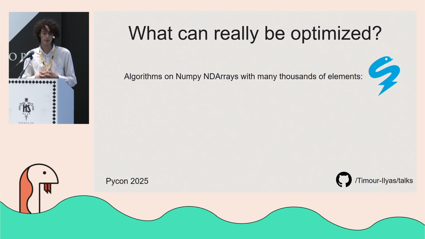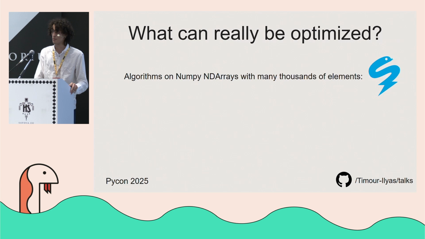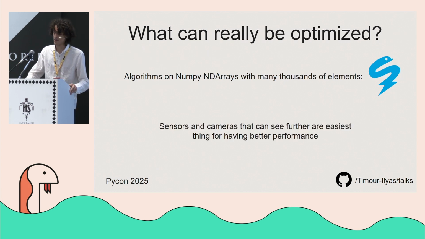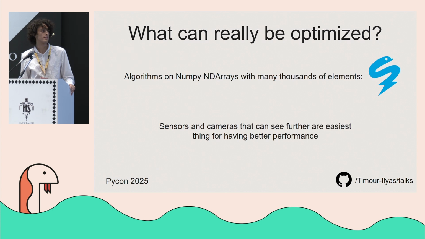One simple solution could be using NumPy, because we apply many methods on NumPy arrays. And so just-in-time compilation is useful for having better performance. But in general, the easiest way at the end is using sensors and cameras that can see farther. And this is one way of having better performance.